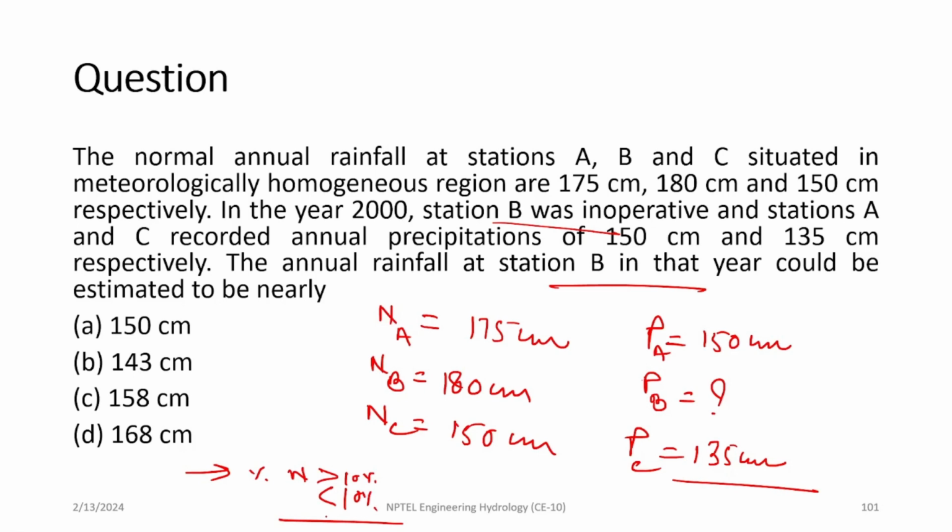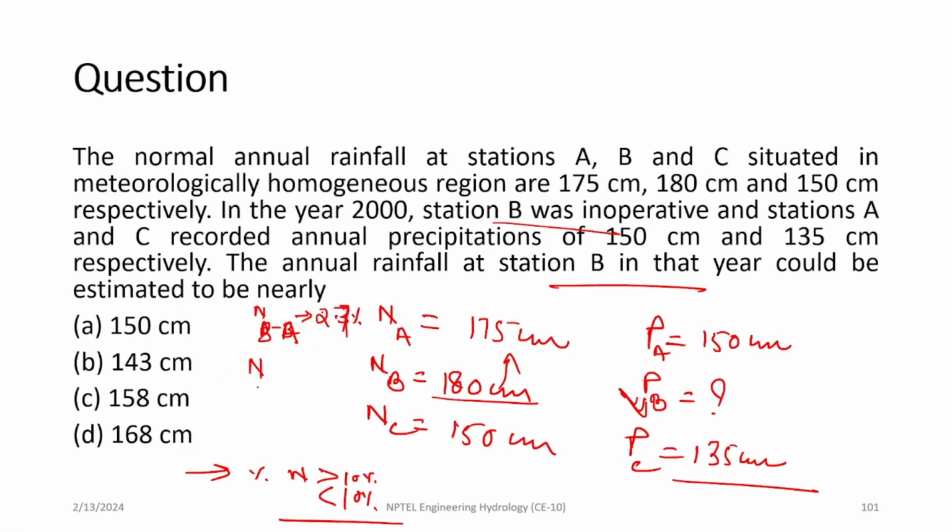So we do 180 minus 175 divided by 180. 5 divided by 180 into 100 is 2.7%. B to A you are taking, so it is coming 2.7%. Good.